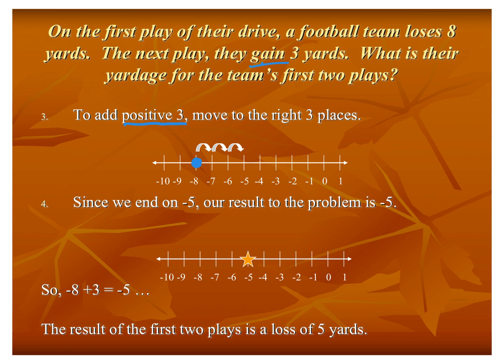So 1, 2, 3 units to the right from -8, we end up at this orange star right here, which is -5. So their total yardage for the first 2 plays is a loss of 5 yards, so -5 is the number that we use to represent that.